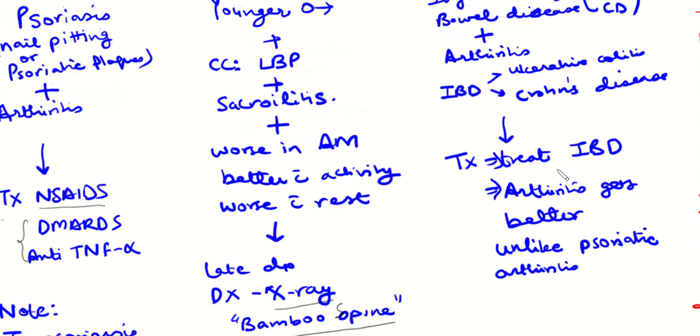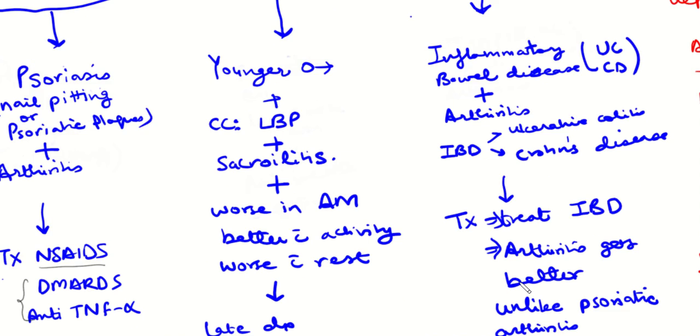So here the treatment is to treat the inflammatory bowel disease. The arthritis will get better, which is different from psoriatic arthritis, where you have to treat the psoriasis, but that may not help the arthritis, so that has to be treated as well. Again, we'll talk more about inflammatory bowel disease and its management in the gastrointestinal lecture.